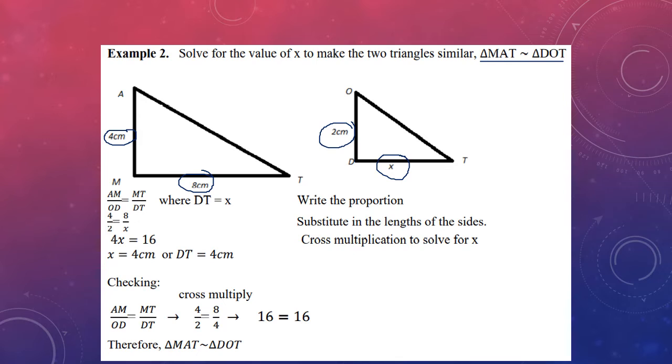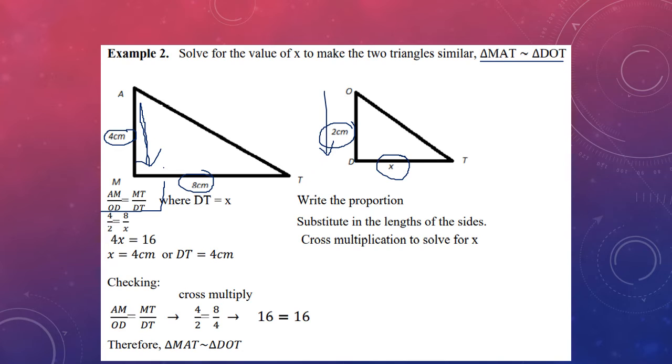So, how are we going to find the value of x? We're going to form a ratio and proportion. We make a ratio on the left side, then a ratio on the right side, then make them equal to form a proportion. Okay? So AM over OD equals MT over DT. This is the presentation of the solution. How do we make the ratio? Let's start with the left side: AM over OD.